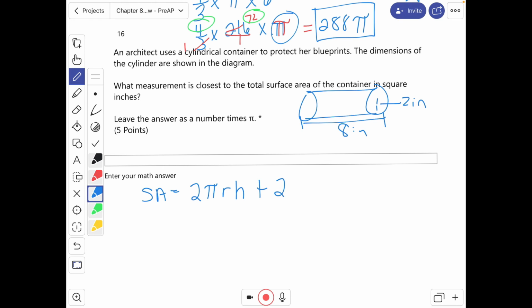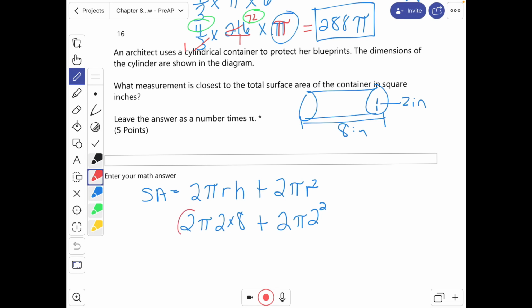plus 2 times pi times radius squared. Let's go back and plug in the numbers. 2, and again I'm going to leave that symbol pi, times the radius, which was 2, times the height, which was 8, plus 2 times pi times the radius squared, which was 2, so 2 squared.